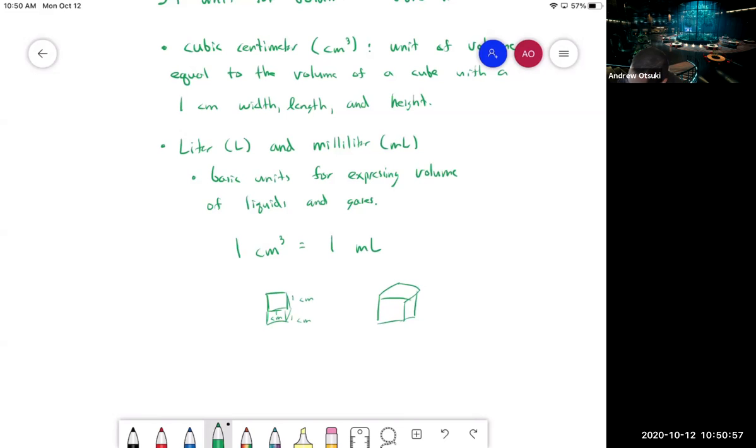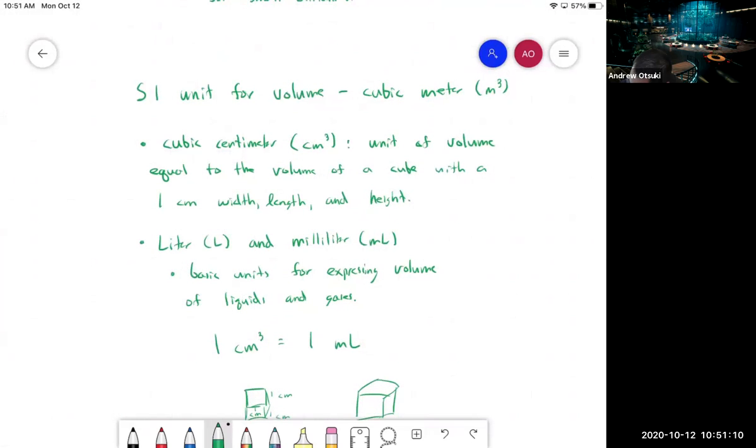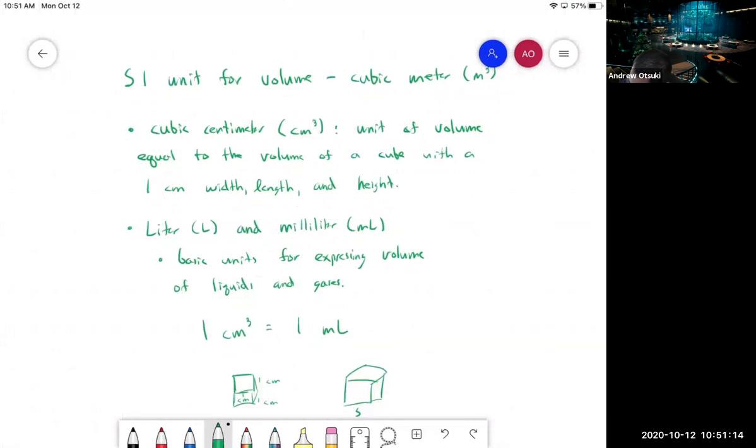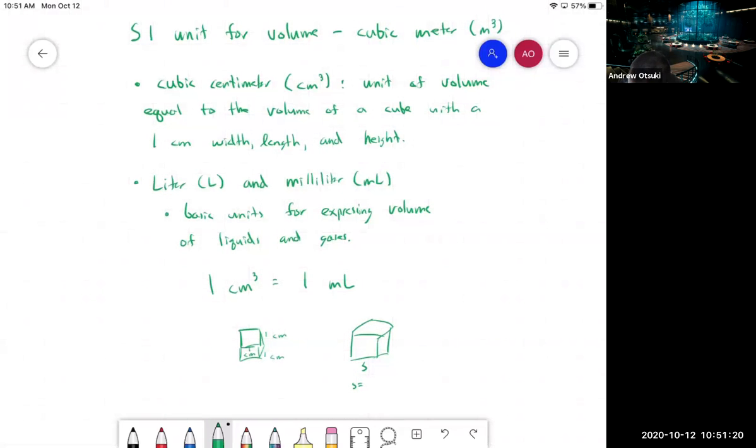Say the side right here is 1 meter, so 1 meter cubed.